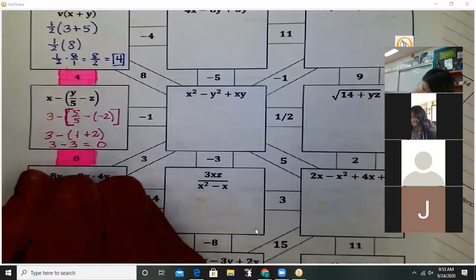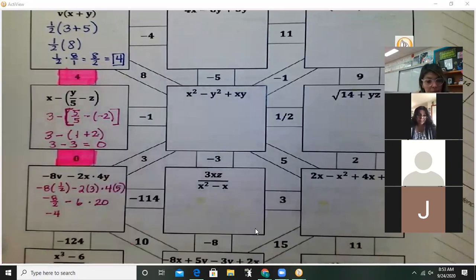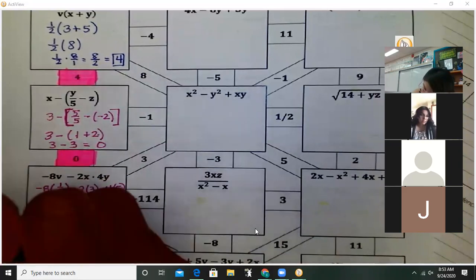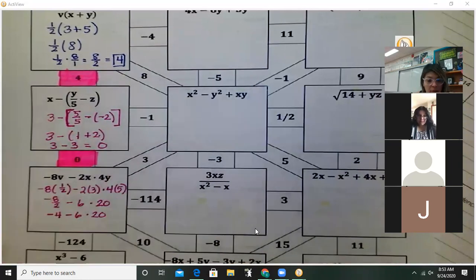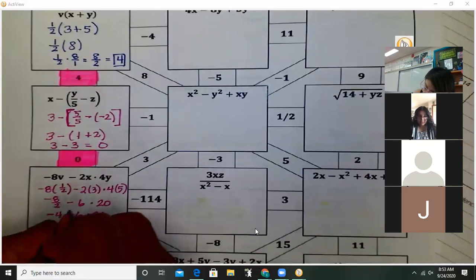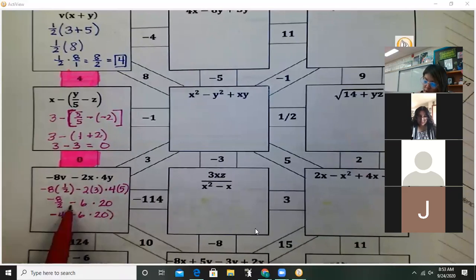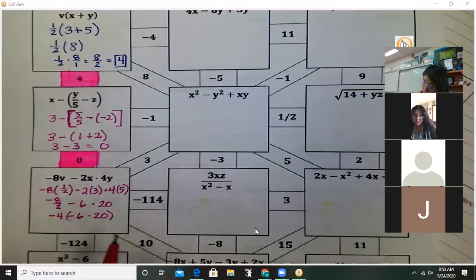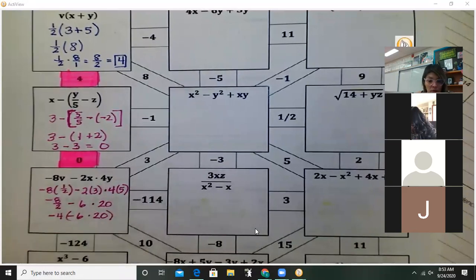Minus 6 times 20. According to my order of operations, I have to take care of this first, because multiplication comes before subtraction. So 6 times 20 is 120.